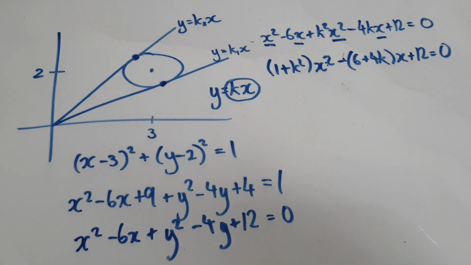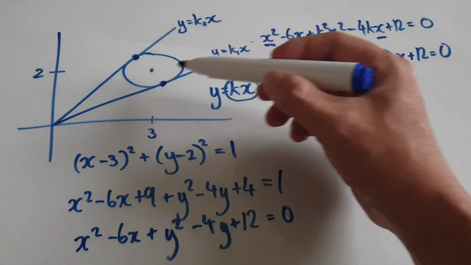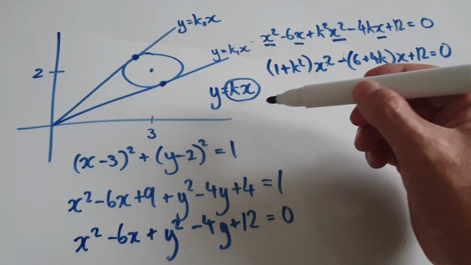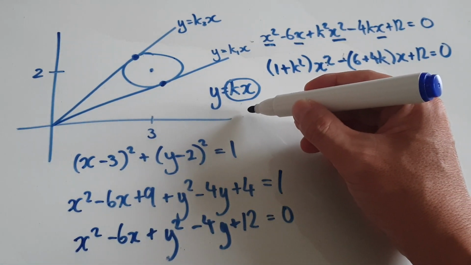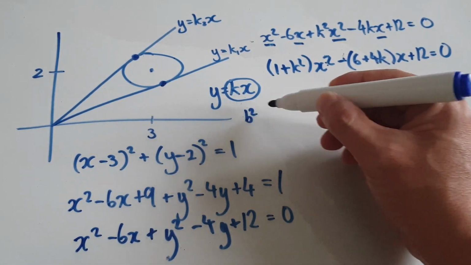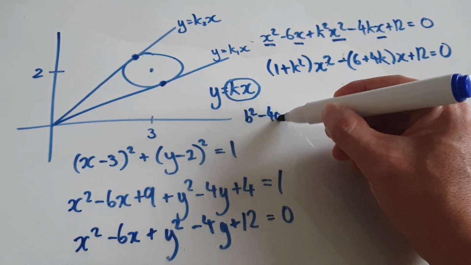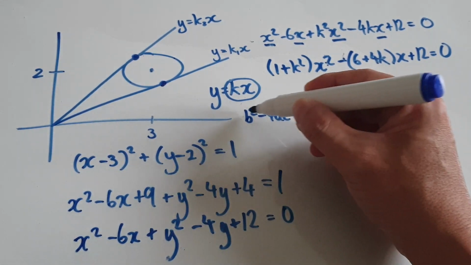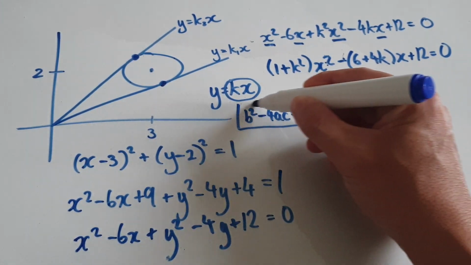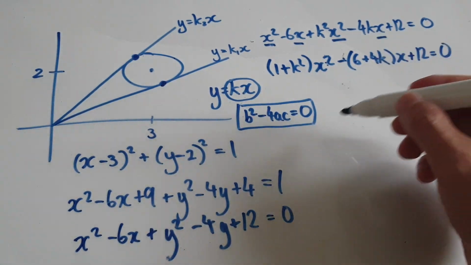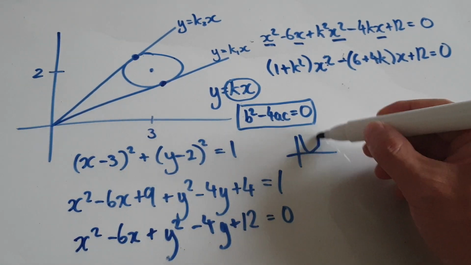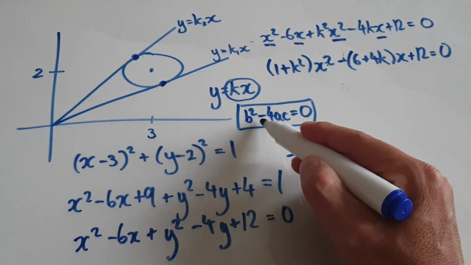So now, because we want one solution only, we demand that b squared minus 4ac to be precisely 0. So I'm expecting you to know this. In order for a quadratic to have one solution only, you have to look at the discriminant.